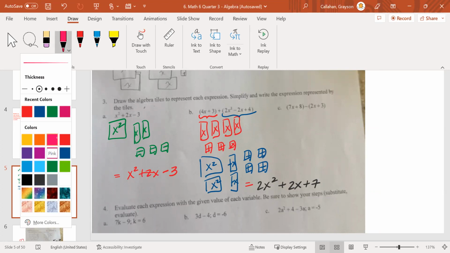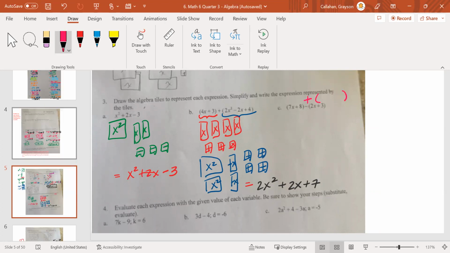This one, remember there's a minus, you change it to a plus, but then everything in the second parenthesis changes. Do you see that? And then after that, once it changes, then you need to draw the pictures for it. So, oh my gosh, this is gonna have a lot. So 1, 2, 3, 4, 5, 6, 7 x's, and they're all positive.